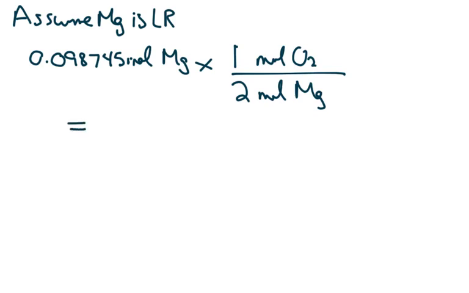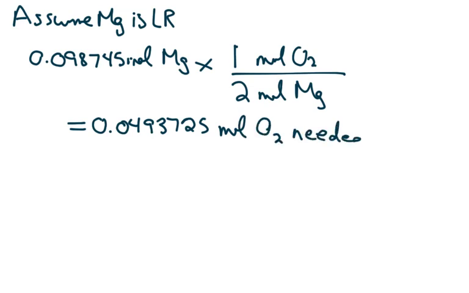Do that calculation, we get 0.0493725. This is how many moles of oxygen we would have needed. Looking back, we see that we actually have 0.3 moles of oxygen, so we have well more than enough oxygen. So magnesium is the limiting reagent.